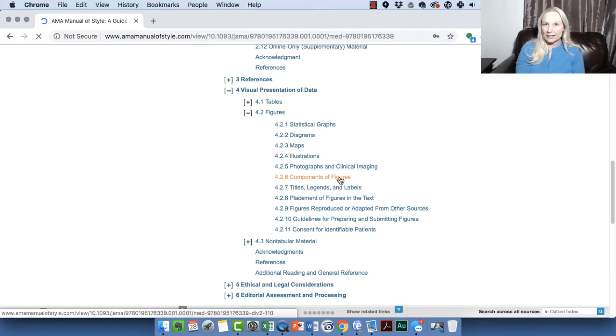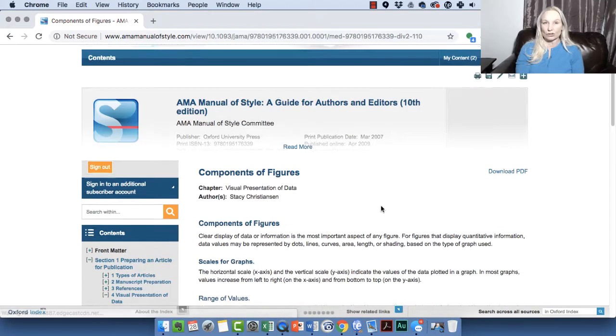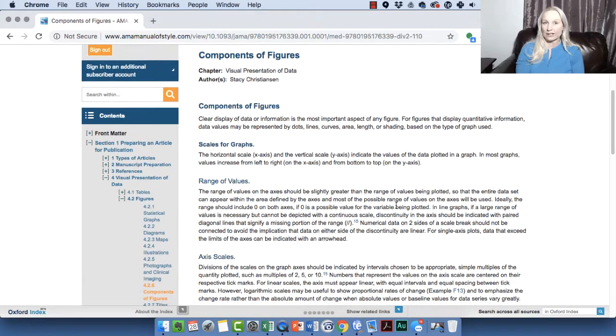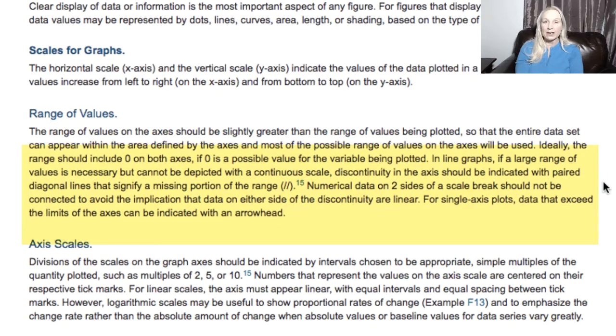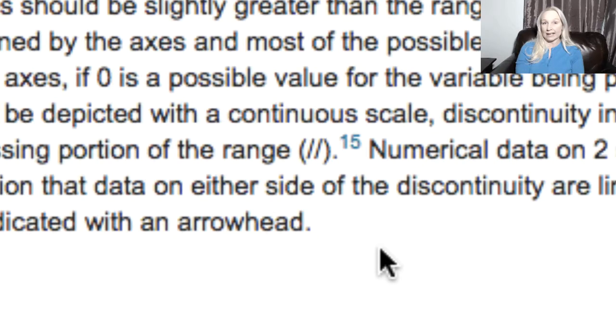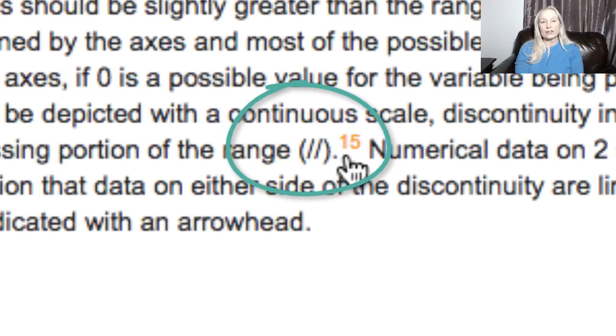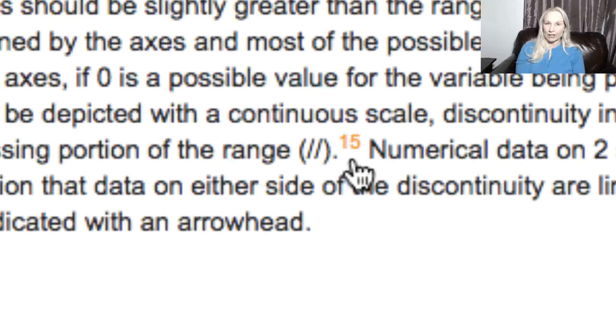An important point is that the range of values on the axes should be slightly greater than the range of values being plotted so that the entire data set can appear within the area defined. And ideally, the range should include 0 on both axes if 0 is a possible value for what's being displayed. And then if there's a break needed in the axes because of the extent of the range of data, then you can signify a missing portion of the range with paired diagonal lines.